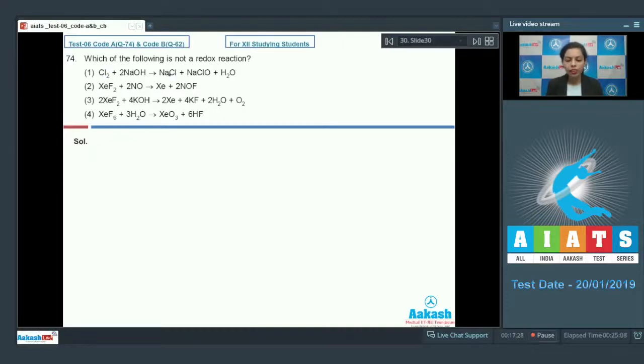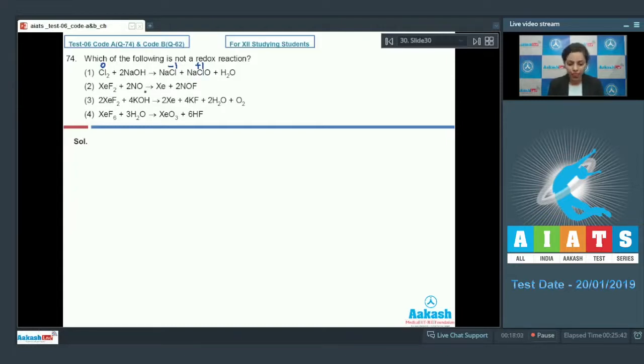But if we look at NaCl on the right hand side, the oxidation number of chlorine is changed to -1. Similarly, in NaClO, the oxidation number of chlorine is +1. So here it is -1, here it is +1. Initially it was 0. It means both oxidation and reduction are taking place for this chlorine. This is basically a disproportionation reaction, and a redox reaction.